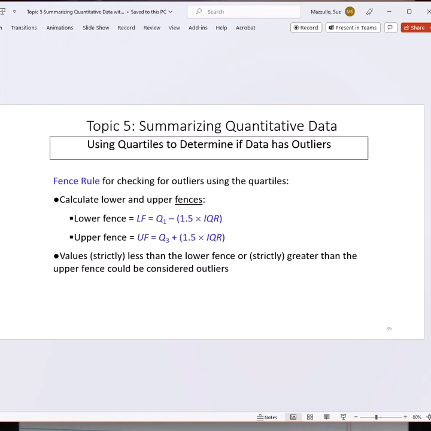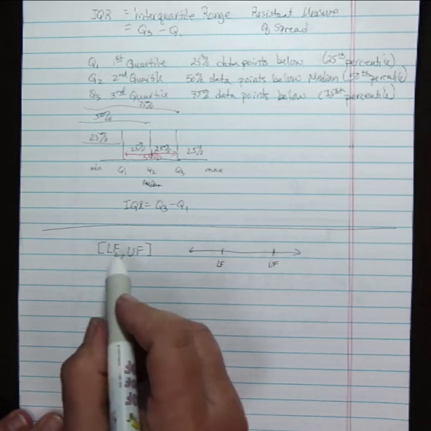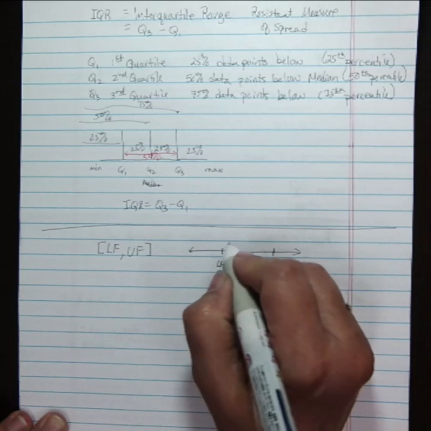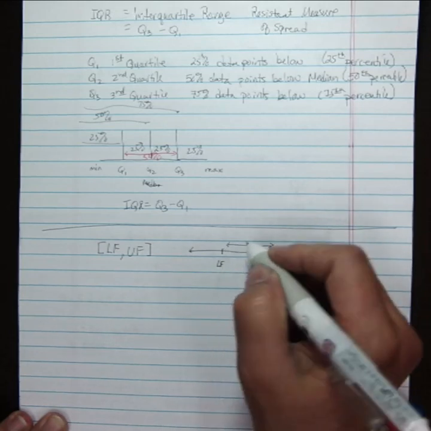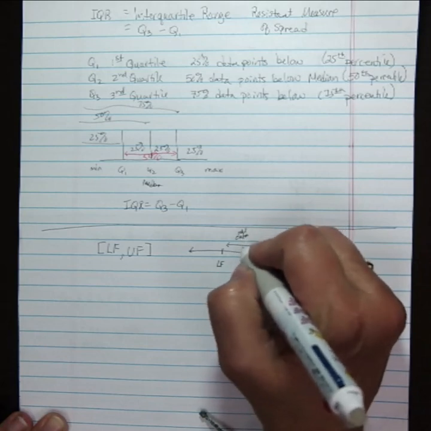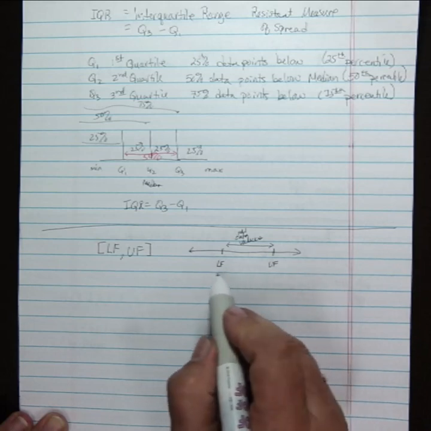So we can get the range our values should be in if there are no outliers. In our data, we can use the calculation to get a value we call the lower fence and a value called the upper fence. And if our data lies within the lower and upper fence, all data values are between those two values.